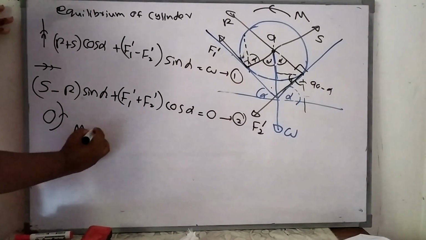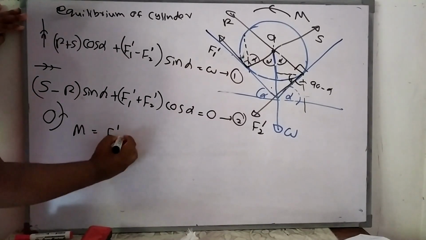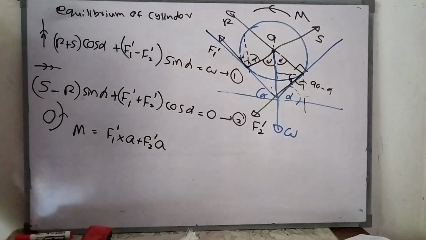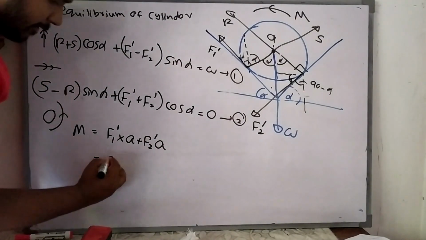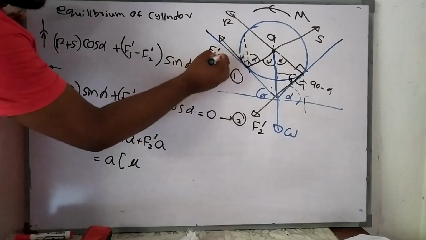And I'm just taking the moment, the rounds of the previous results that we have found, right? Actually you can substitute F1 dash and F2 dash as mu R and mu S respectively, mu S and mu R respectively.